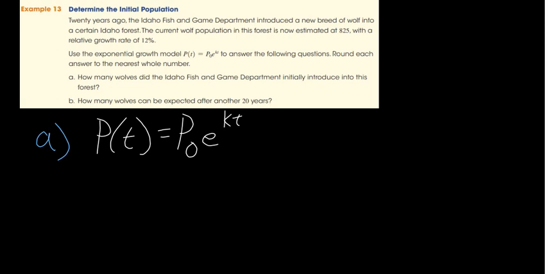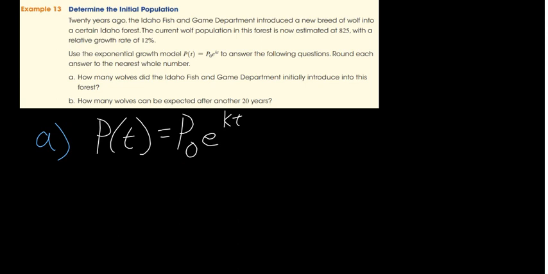And so P naught, if you recall, is my initial number, right? So we're going to have to plug in our values and figure out exactly what P naught is. In order to go about this, and this is definitely going to be a multi-pager, okay, it says 20 years ago, so it looks like time is going to be 20, and we have 825.